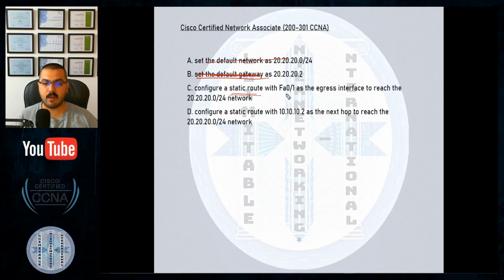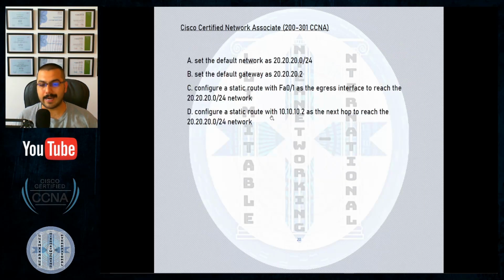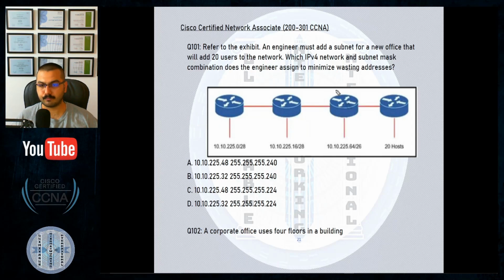Configure a static route with Fa0/1 as an egress interface to reach this network. Can this be correct? Fa0/1? No, I'm sorry, because this is Fa0/0. So the egress should be Fa0/0 or a next hop of 10.10.10.2. Let's see, let's hope. Yep, configure a static route with 10.10.10.2 as a next hop to reach 20.20.20.0/24. Definitely correct, just like the tons of labs that we did for static routes back in chapter 3.